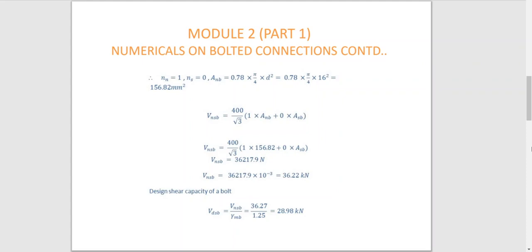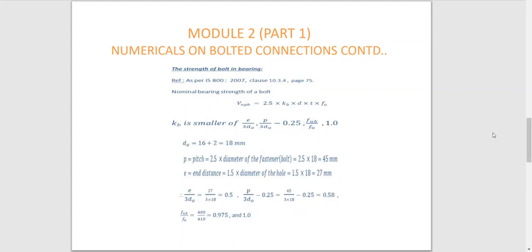Convert it to kilonewton by multiplying by 10 raised to minus 3. Then to get the design shear capacity of a bolt, divide the nominal shear capacity of the bolt by the factor of safety, which is 1.25. So we get design shear capacity of a bolt as 28.98 kilonewton.